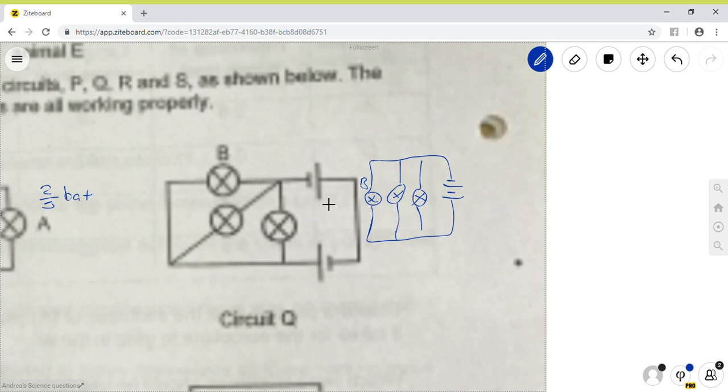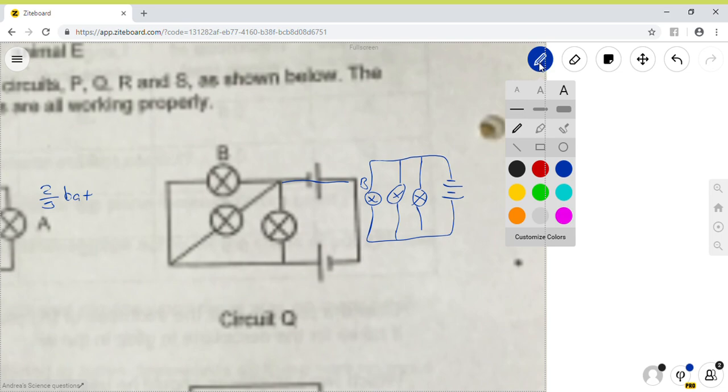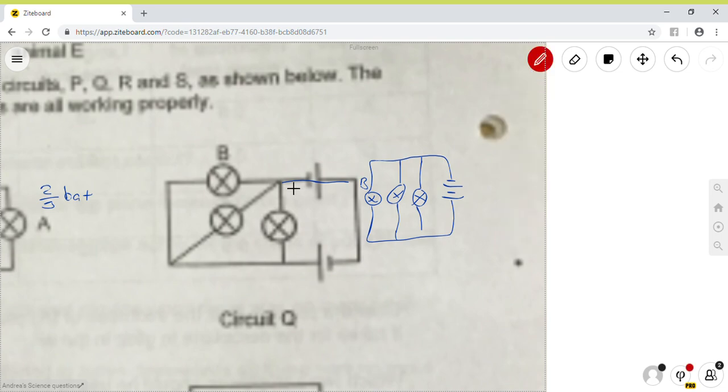How can we tell? Imagine your electric current moving here. When you reach this part, you have to split into 3. This is one path, second path, third path.